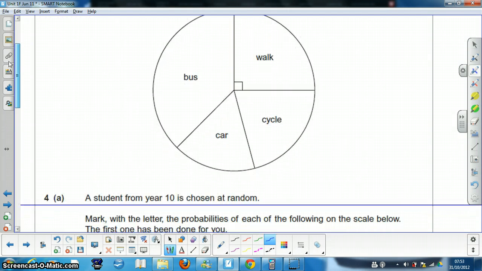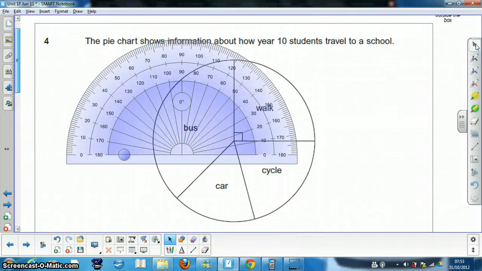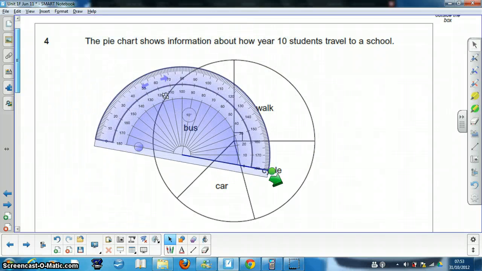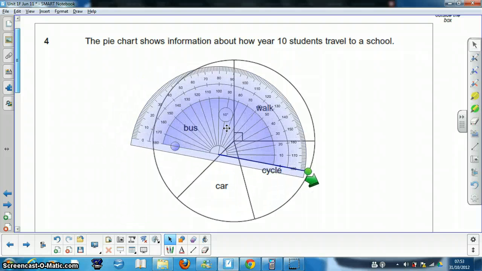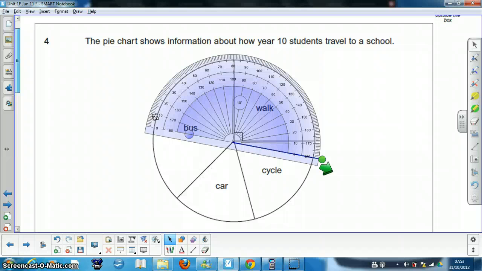Now, this is where we have to get our protractor out. I can find the thing. There we go. Now, bear with me. Whoops, that isn't how you use it. Now let's put it on the center, and we want to measure the angle for cars.